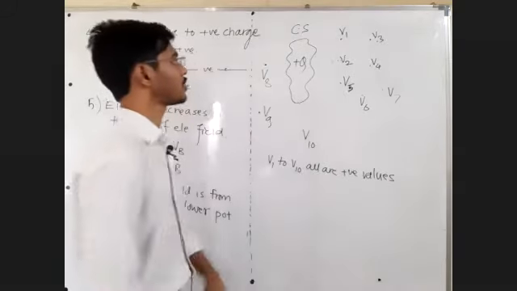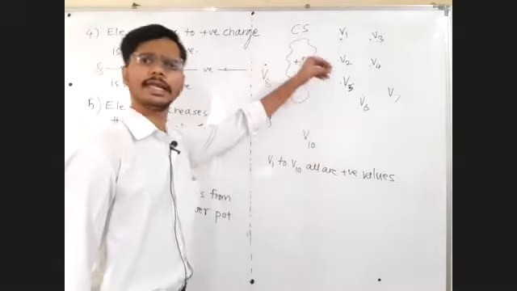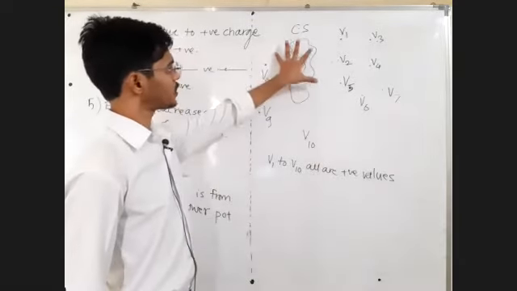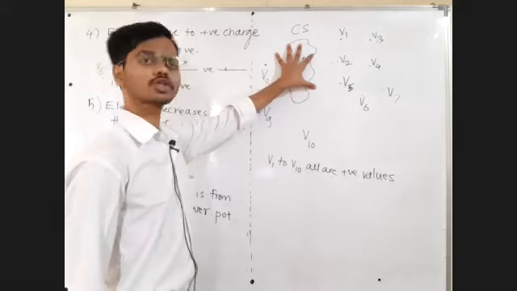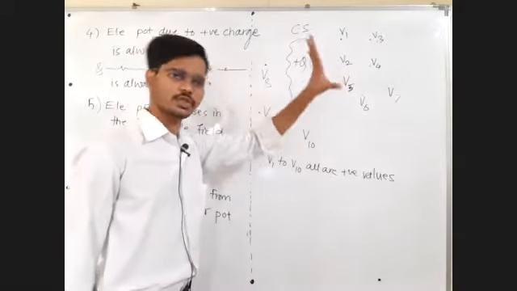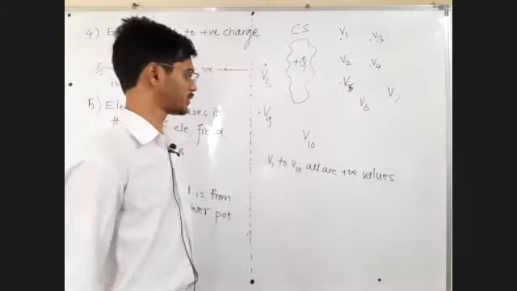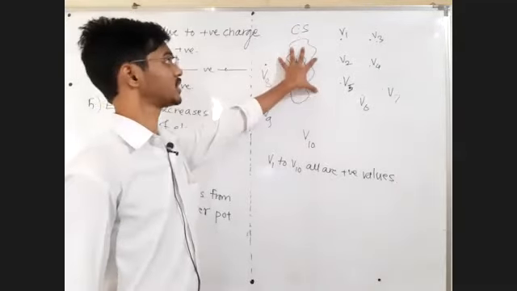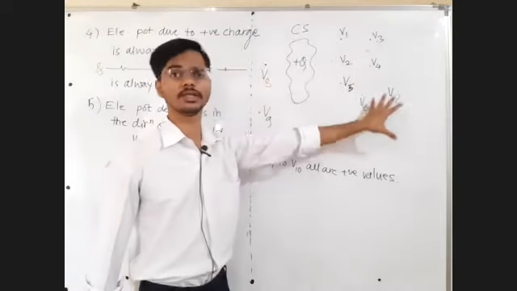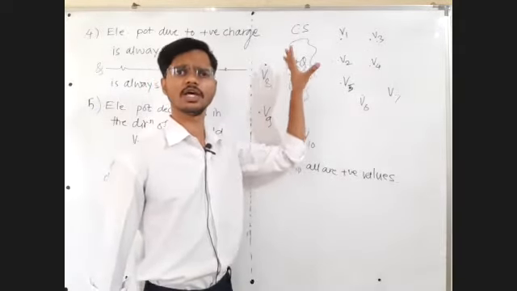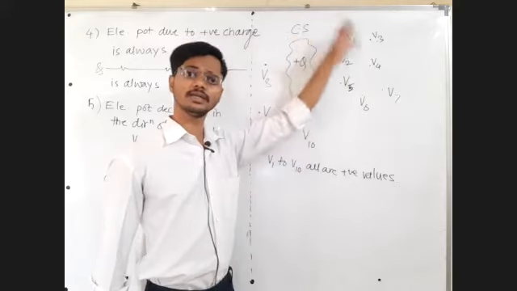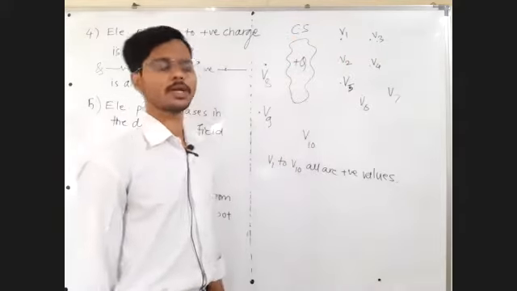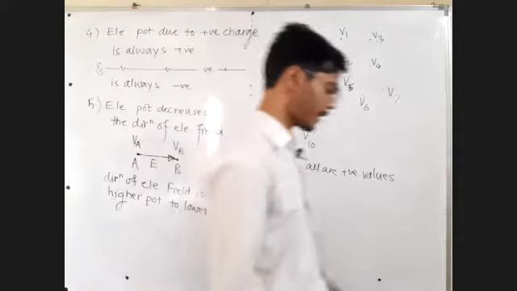Just like if you have a positively charged system, electric field will be away from it, because of a positive charge, potential will be positive. If you have a negatively charged system, in the region around it, all those potential values will be negative. Fine.